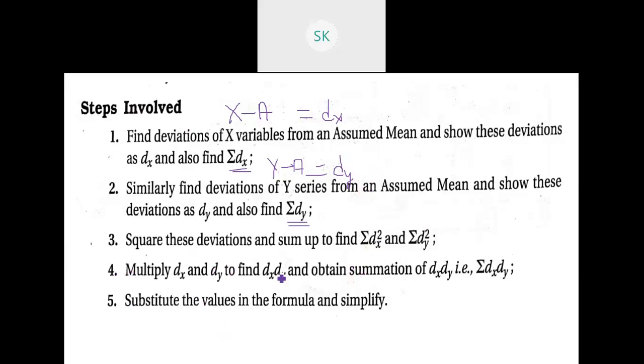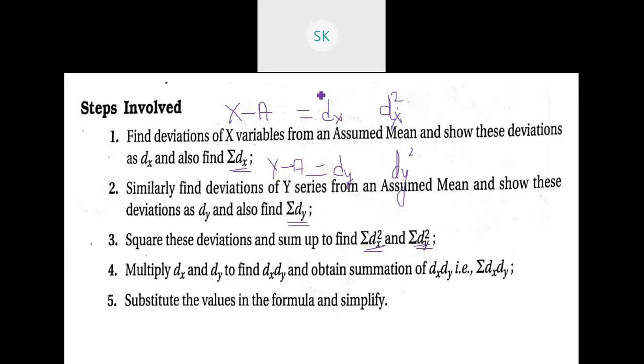Next, square these deviations. After finding dx and dy, next find dx square. Once you add all the dx square values, it will be called sigma dx square. Again, calculate dy square. Once you square all these values and add them up, you get sigma dy square.